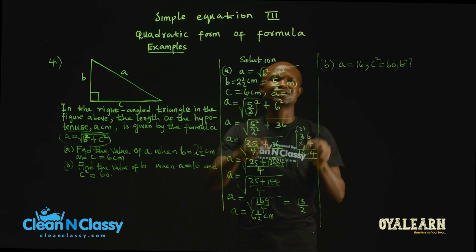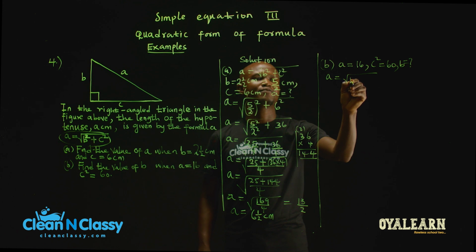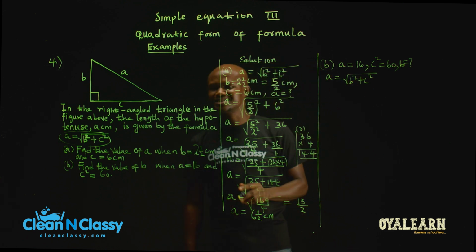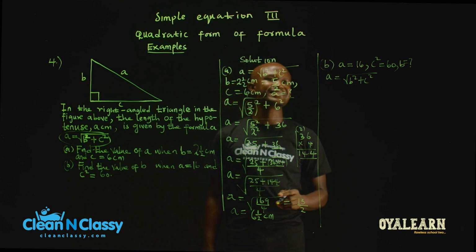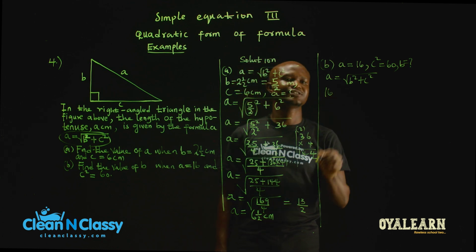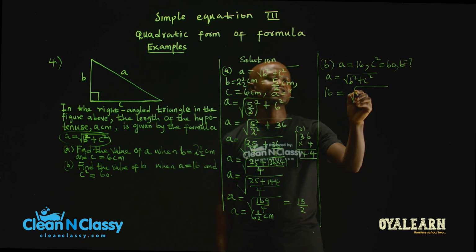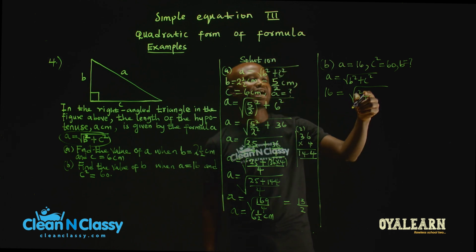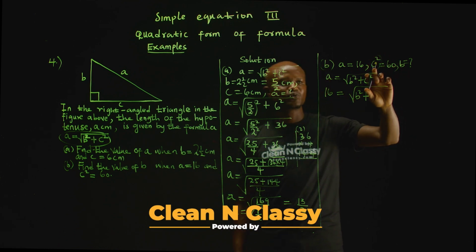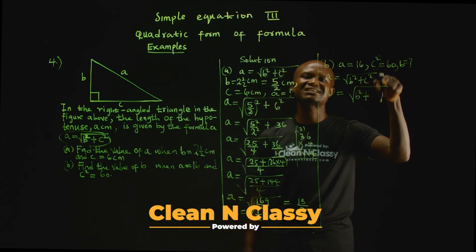Now we still have to write out the formula. a equals the square root of b squared plus c squared. Now, what is the next thing to do? Anywhere we see a, we substitute a as 16. Equals the square root of b squared plus, anywhere we see c squared, you have to be careful. We're given c squared. So anywhere you see c squared here, you replace it with 60.